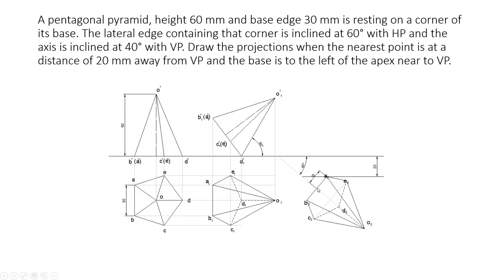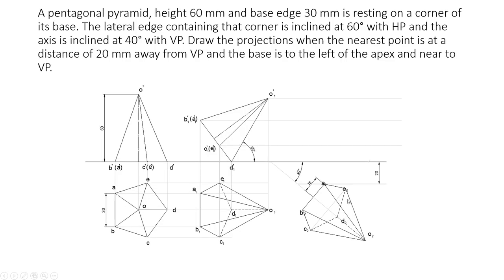Then from here you mark this dimension and this dimension. From this point you mark this dimension downwards and the other dimension upwards and downwards, and D. So you can connect all those points and use a dotted line to represent the point D.